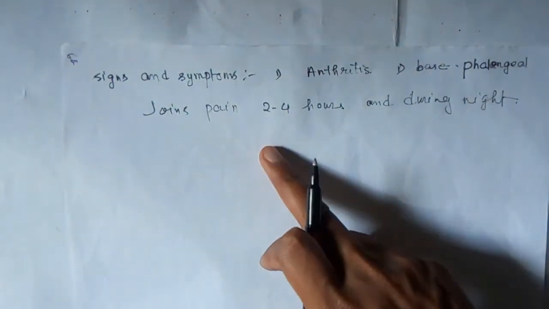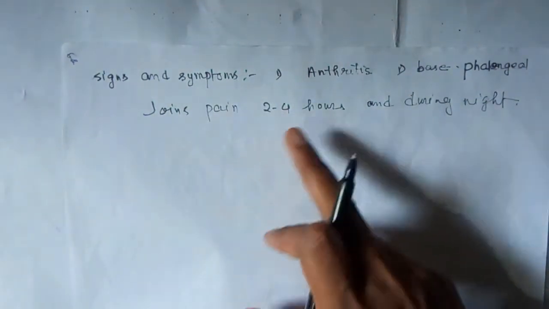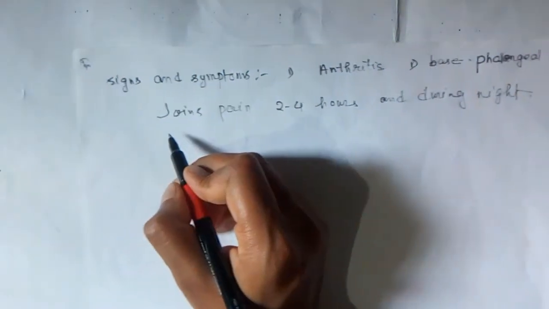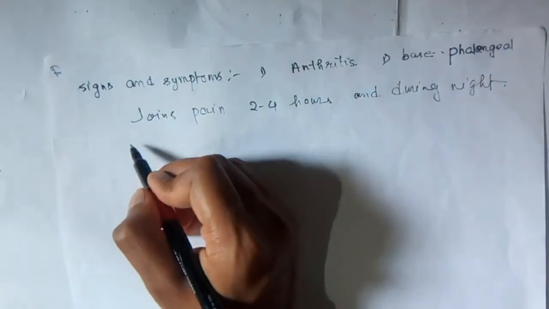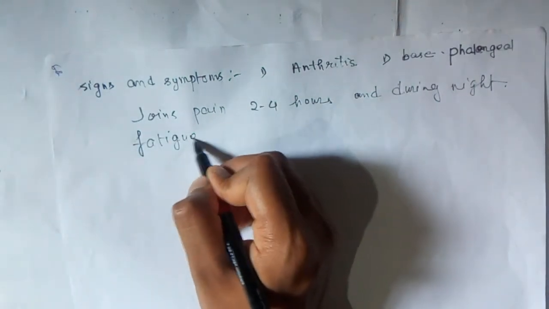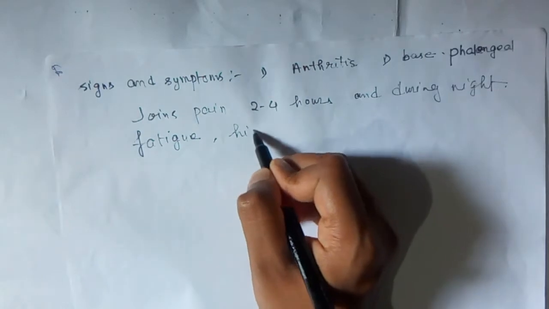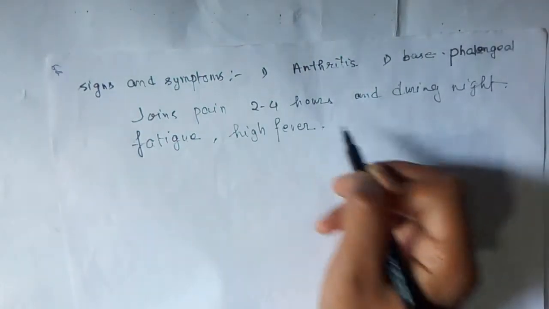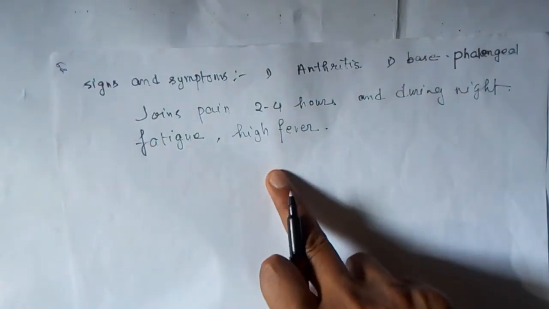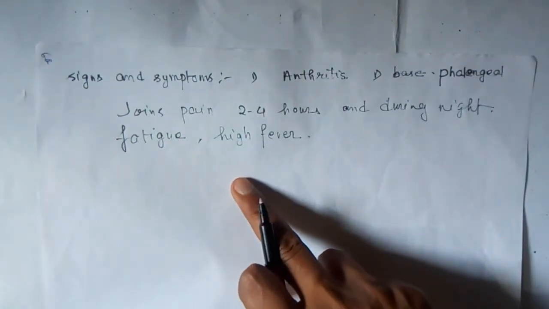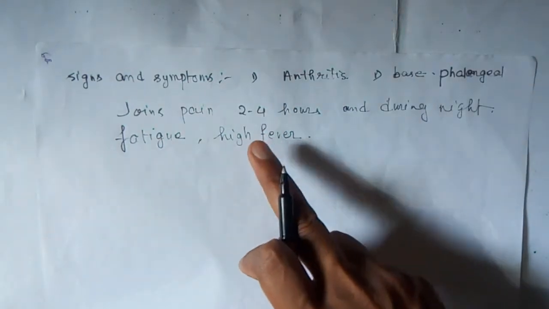Other symptoms that may occur along with the joint pain include fatigue and high fever. These are the signs and symptoms of gout.